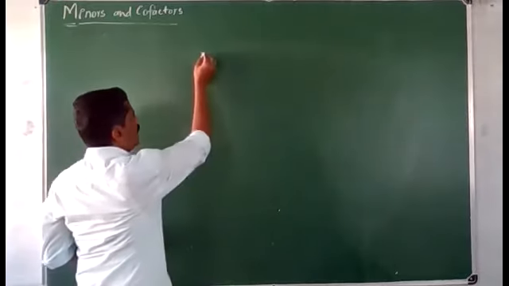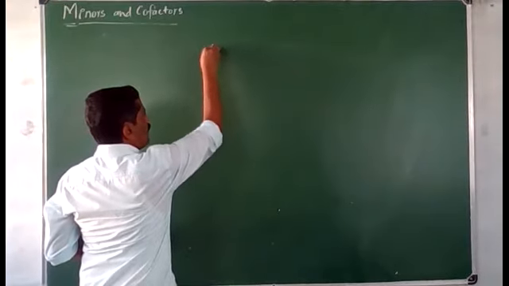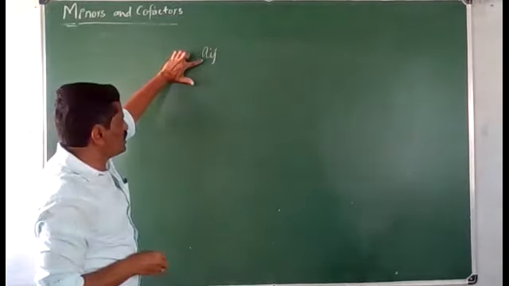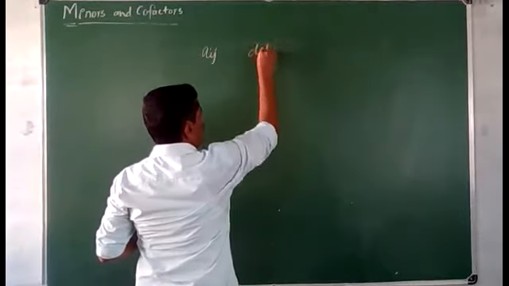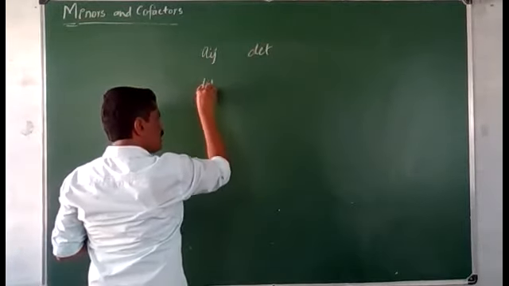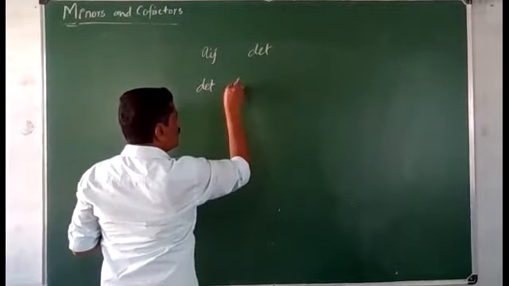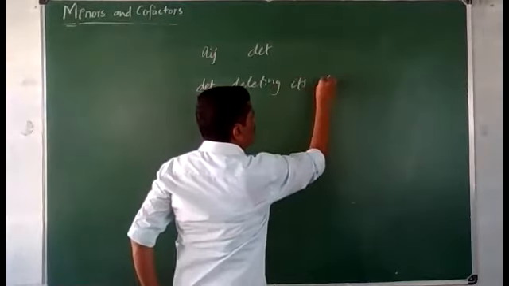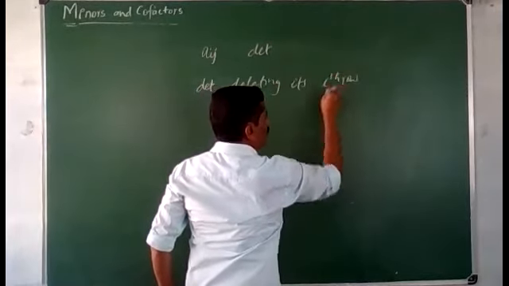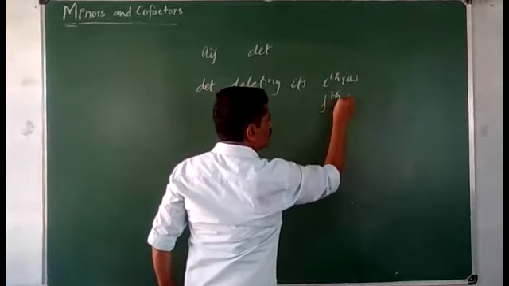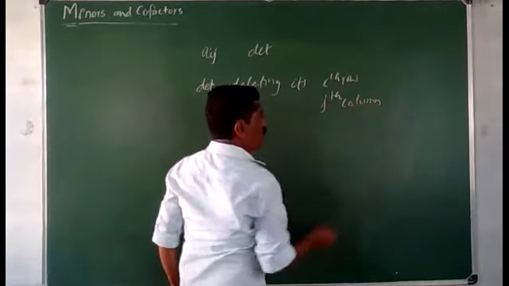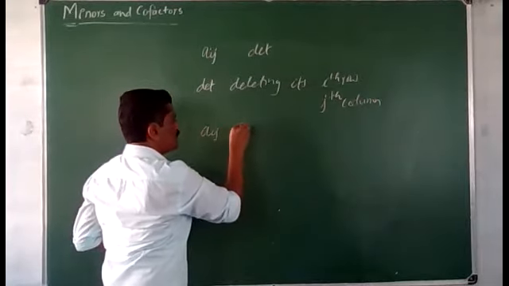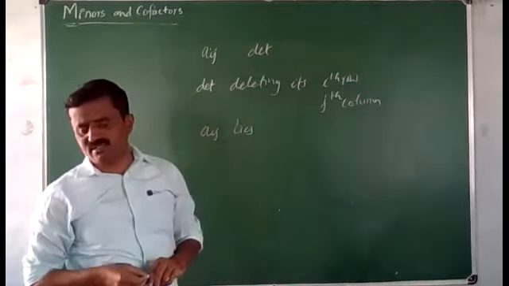Usually, the minor of an element Aij of a determinant is the determinant obtained by deleting its ith row and jth column in which the element Aij lies or occurs.